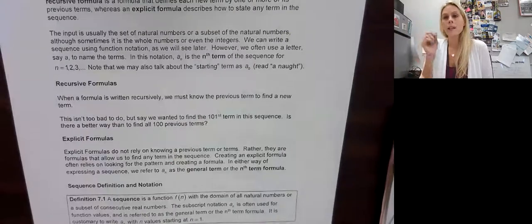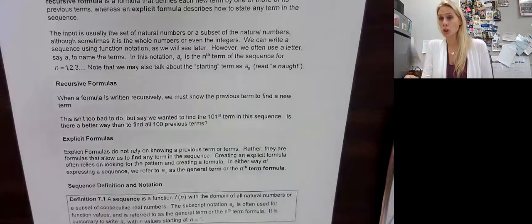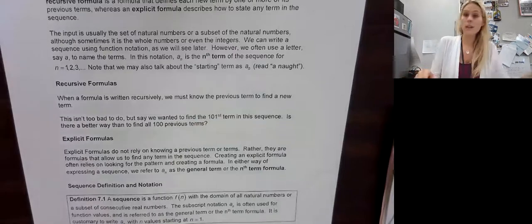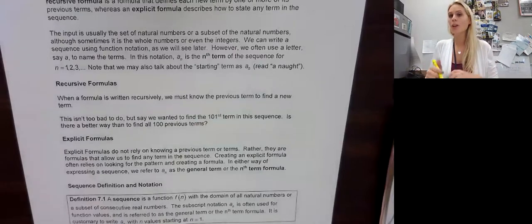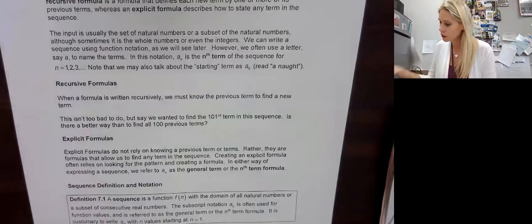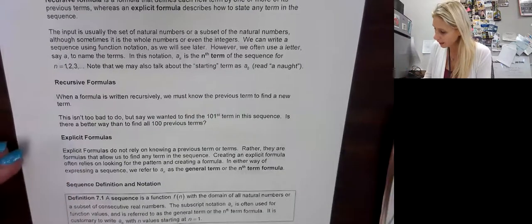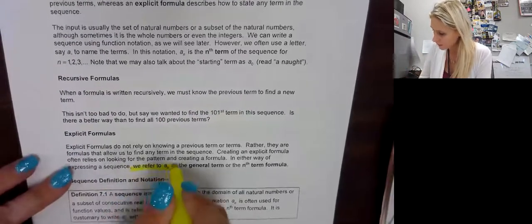N is the term. Nth term, the first term, the second term, third term. The other way that we indicate that we're talking about the value of a term would be a sub n.